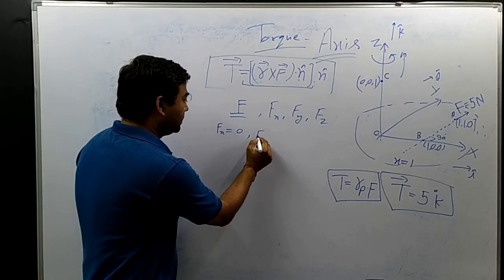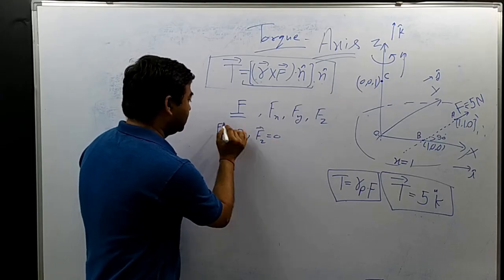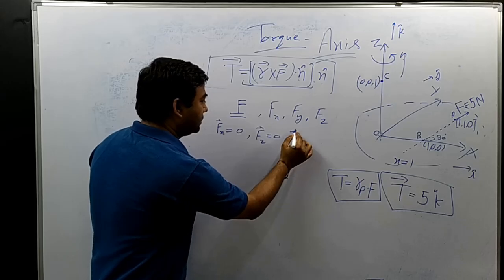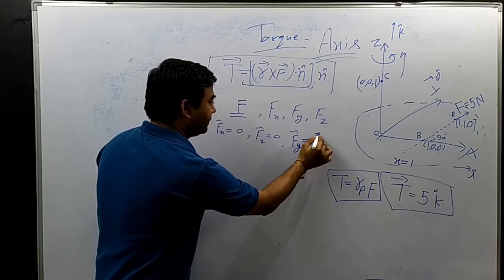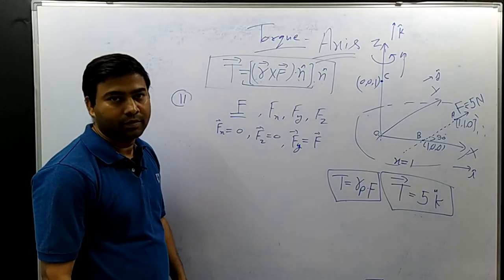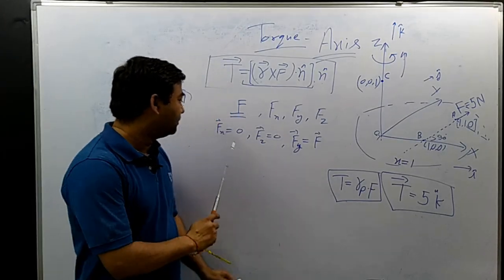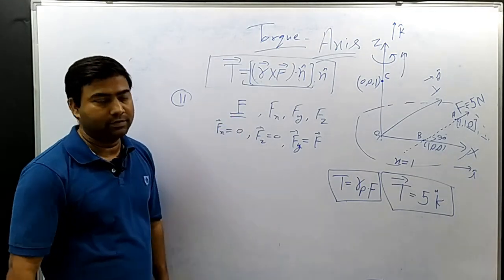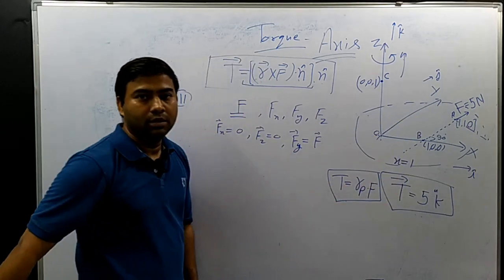Fx is equal to 0, Fz is equal to 0 and Fy is equal to F. You can easily see this here. So these are the components Fx, Fy, Fz of force F.